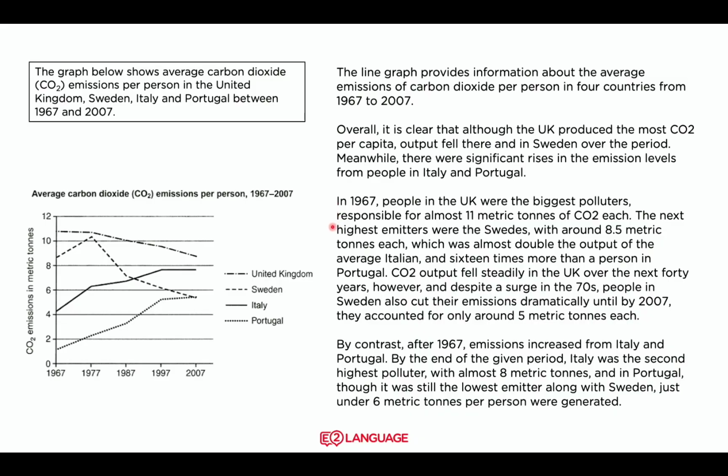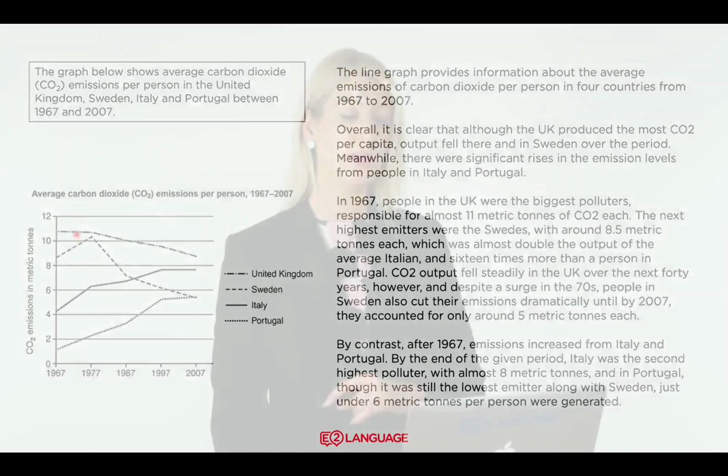The next highest emitters were the Swedes, so that's here, the UK, the Swedes, with around 8.5 metric tons each, which was almost double the output of the average Italian and 16 times more than a person in Portugal. So in that first part, I've described all of the positions and the starting points of all 4 countries.